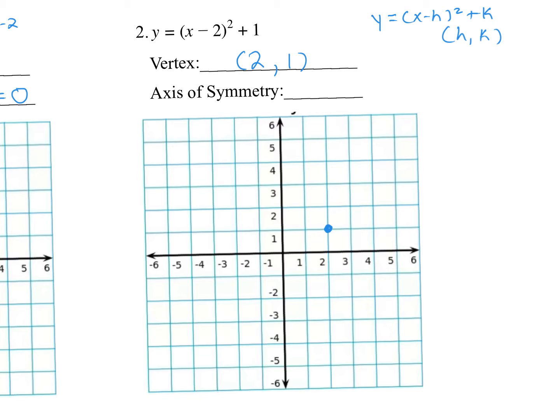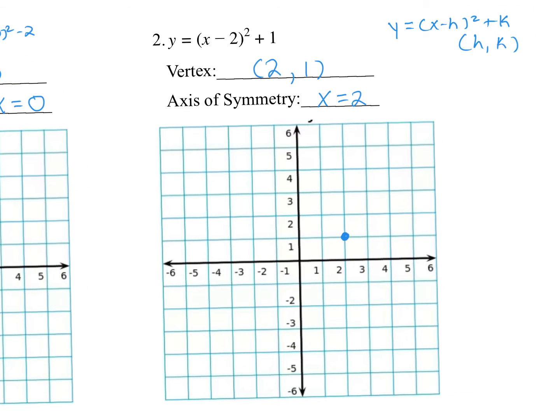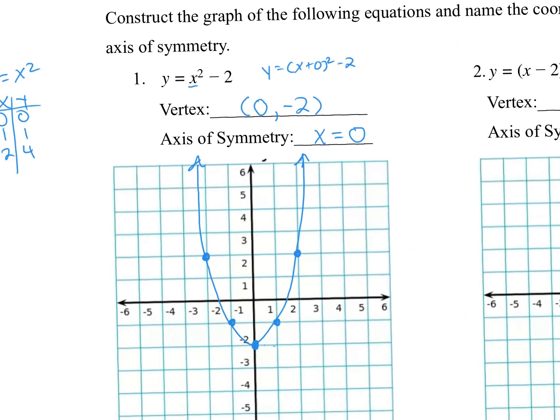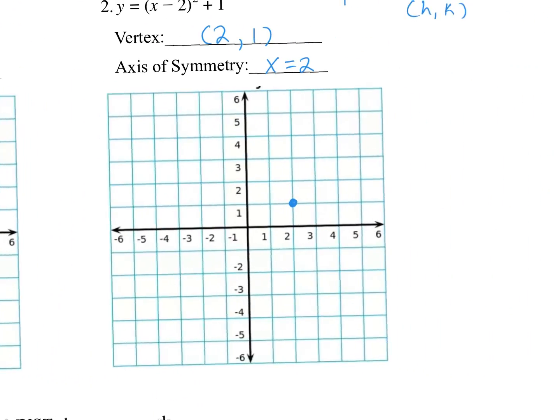My axis of symmetry is my x value. It's the line through the x, so it's x equals 2. It is the vertical line. It's a basic x squared, so we do the same thing as the previous one.